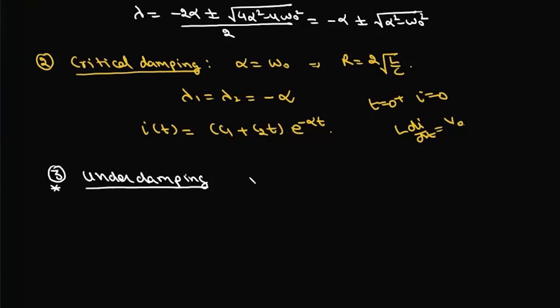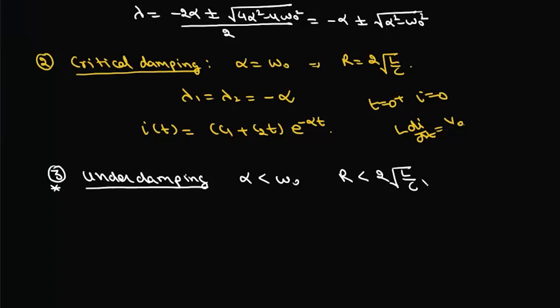Now in this third case, basically alpha will be less than omega naught, or R will be less than twice under root L by C. And generally C is in microfarad. Unless we have a very high value of resistance, we'll end up getting this underdamping case.